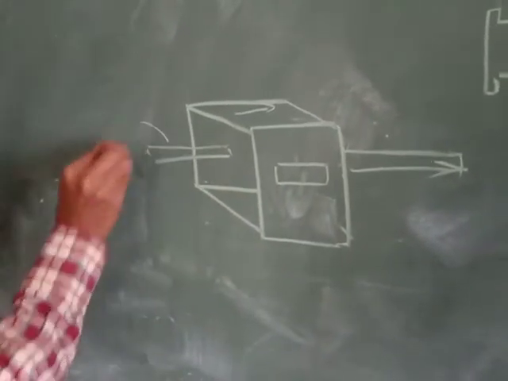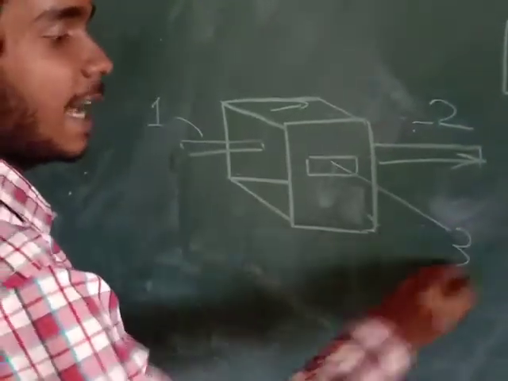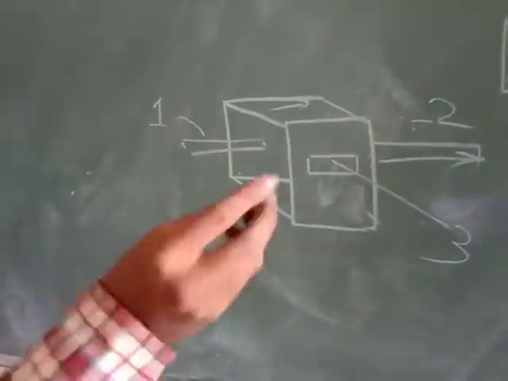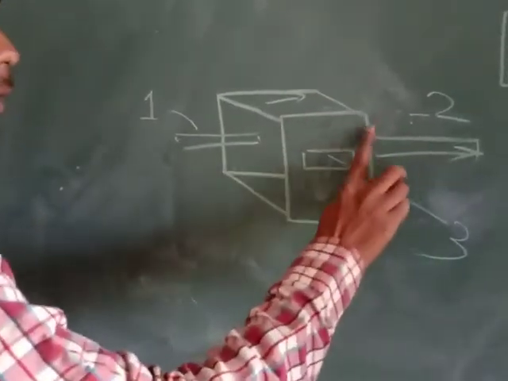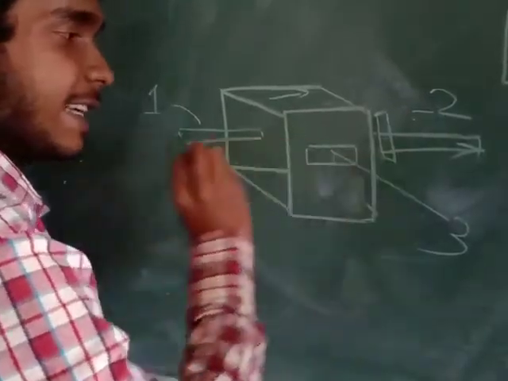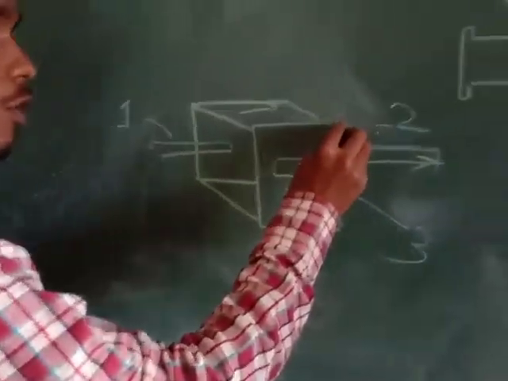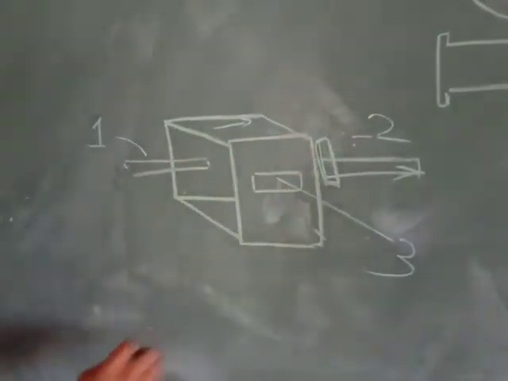One port is this, the second is this, and the third is this. Suppose we want to measure between 1 and 2, so we close this with a slotted plate. One plate is given, and by this we close these parts.